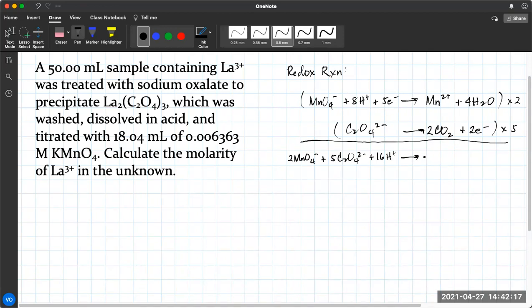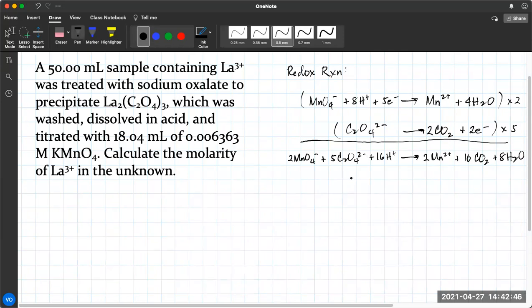Then it will produce 2 moles of manganese 2 plus, plus 10 moles of carbon dioxide, plus 8 moles of water.